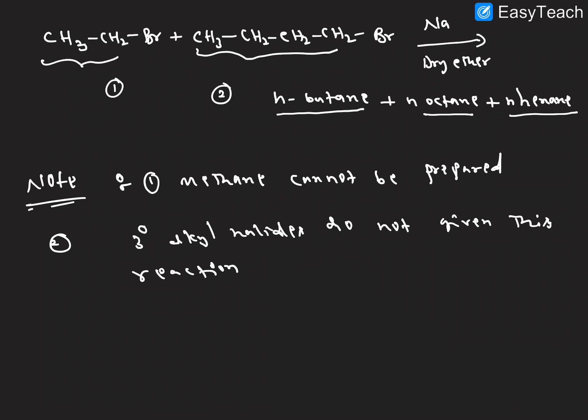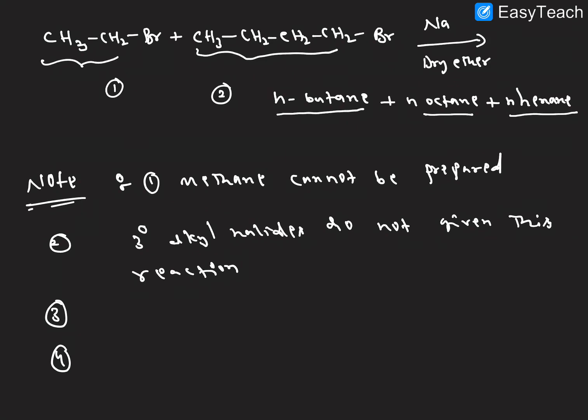These are two disadvantages. One more: separation is very difficult because the hydrocarbons have weak van der Waals forces between them. The best result is obtained whenever both alkyl halides are similar, RX like that. This method is suitable for the preparation of alkanes having an even number of carbons. So that is the third point.